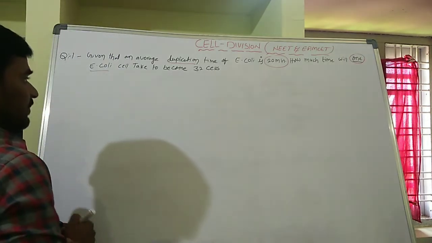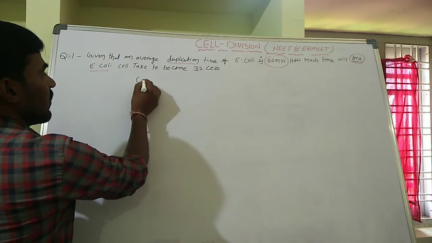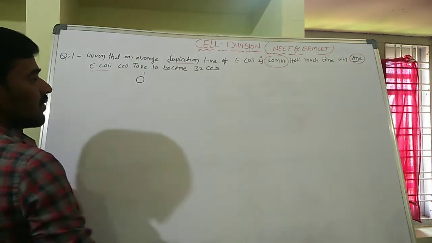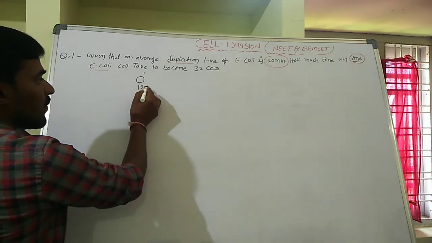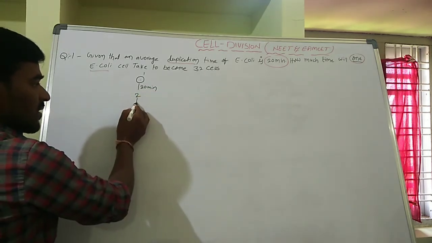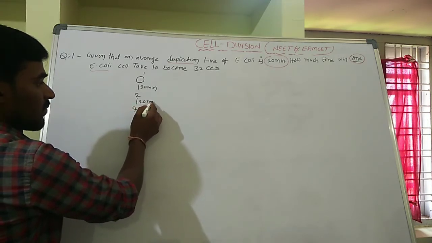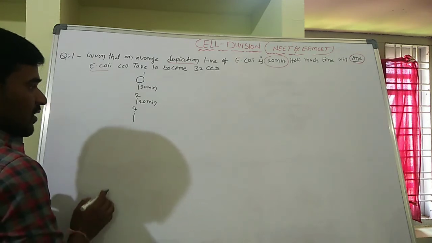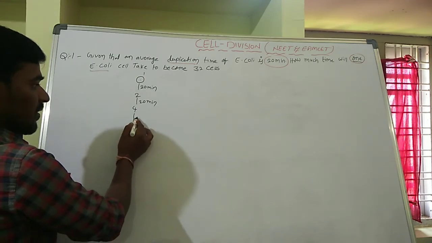Now see. First, one parental E. coli cell. To become 2 cells, it will take 20 minutes. Again, these 2 cells become 4 cells, again 20 minutes. Again, these 4 cells after the duplication give 8 cells in 20 minutes.